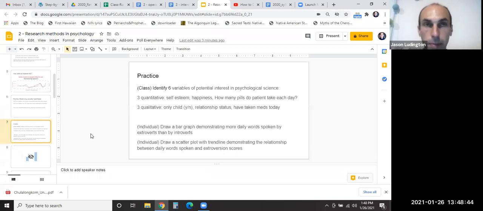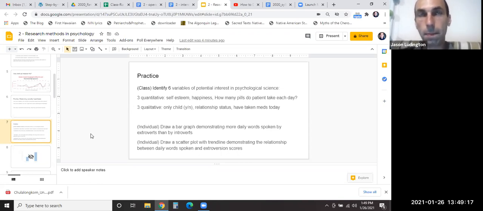A scatter plot means that each dot on the graph represents a person. So you would have tested maybe 30 people, and each dot represents a score from one person. So approximately 30 dots, and you can illustrate the relationship with a trend line. A trend line is a line that cuts through the majority of the dots.